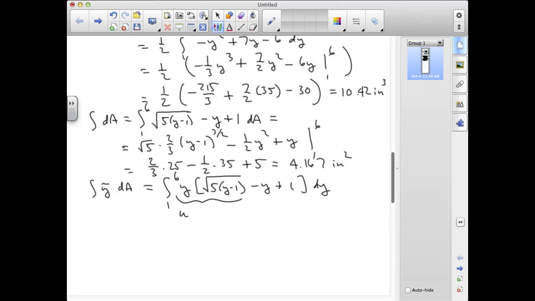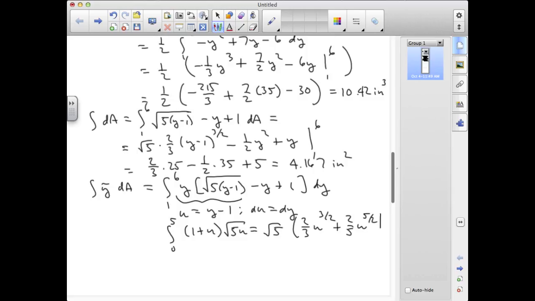If we let u equal y minus 1, du is dy, and the first term can be written as the integral from 0 to 5 of 1 plus u times root 5u, which we can end up writing as root 5 times 2/3 u to the 3/2 plus 2/5 u to the 5/2 between these limits of 0 and 5.